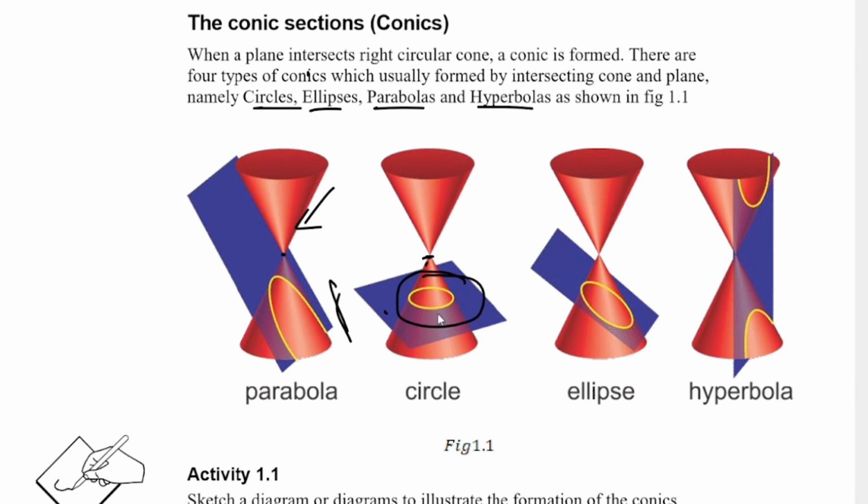One thing about this conic section is that all the points on the circle are equidistant from the center, and that's one of the properties of the circle formed by the intersection of the plane and the cone. Now let's talk about some real life applications of this conic section, the circle.